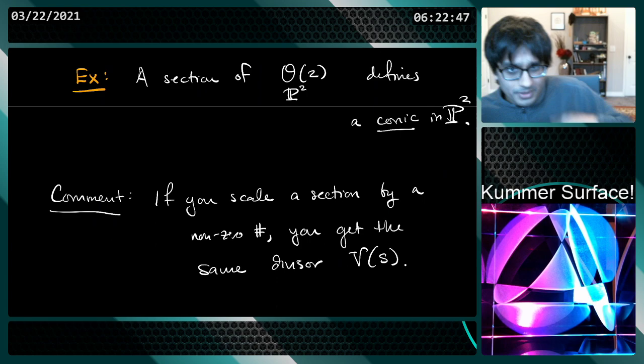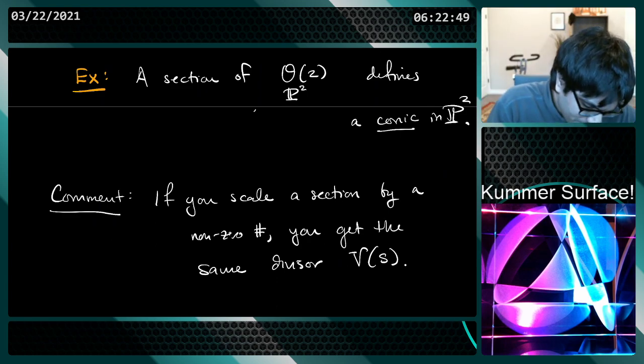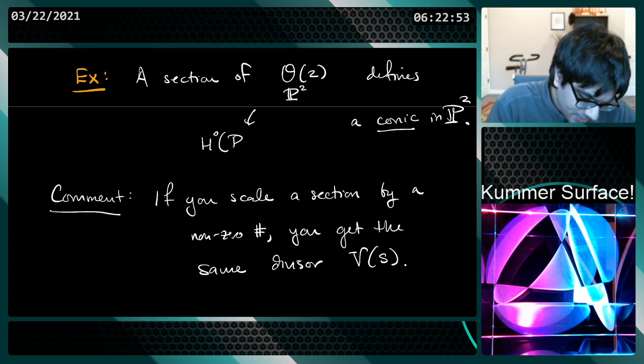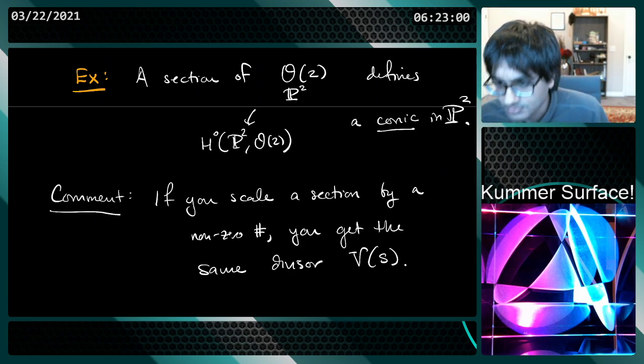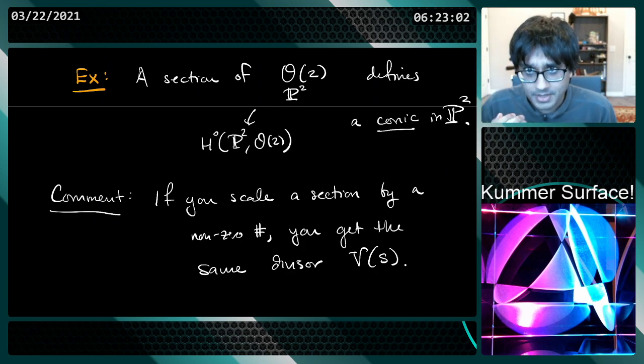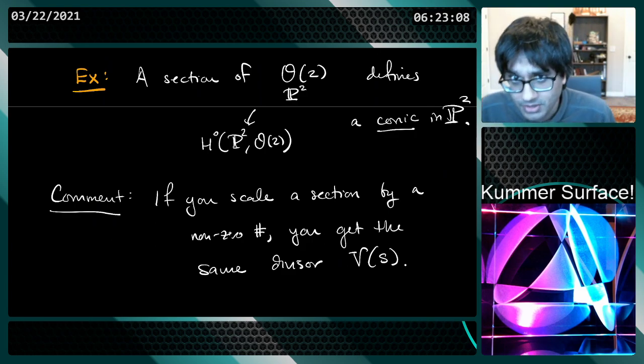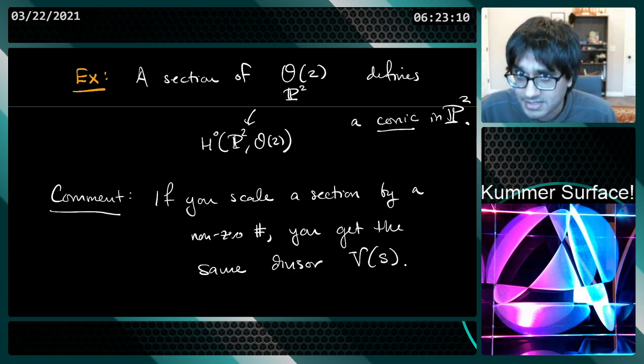So in this example, if you look at the space of global sections of O of 2, and you mod out by scaling, you get a perfect bijection with the collection of conics in P2, just by design.